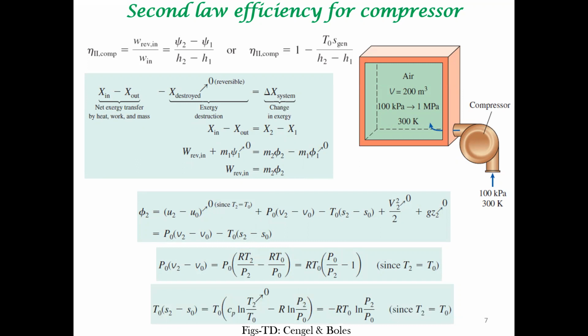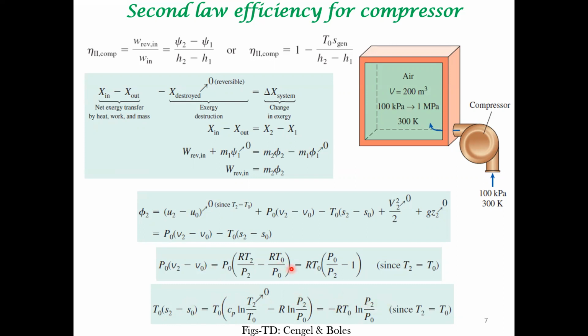There's one TdS relationship involving change in pressure, and another involving change in volume. Here we have used the TdS relationship involving changes in pressure, and then we have implemented this term.